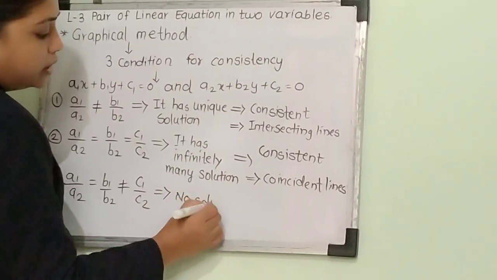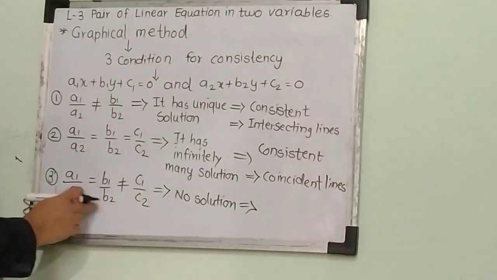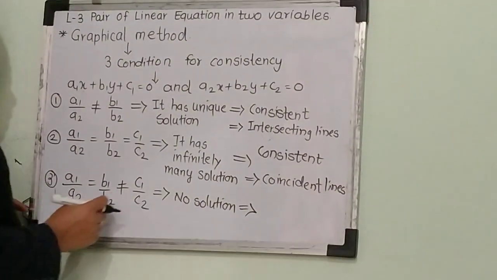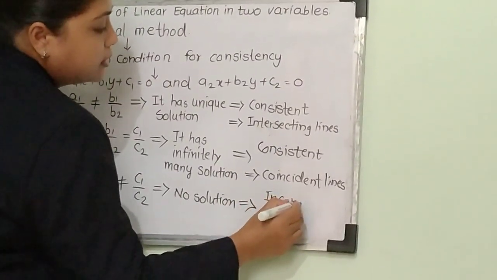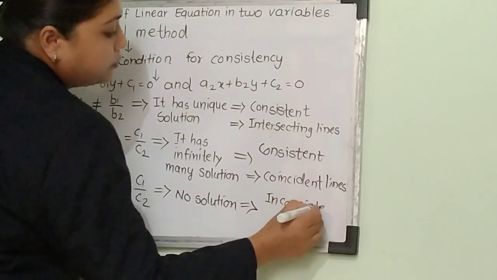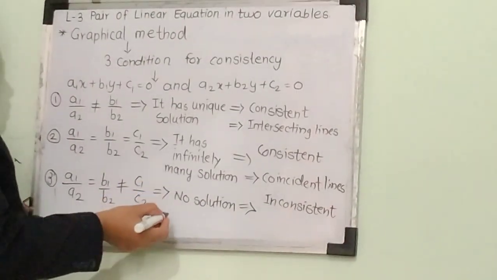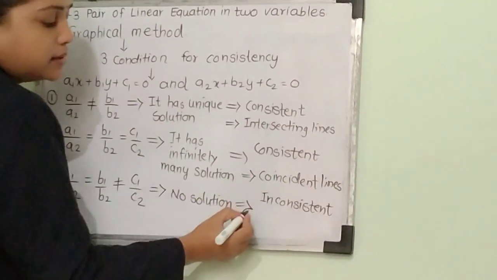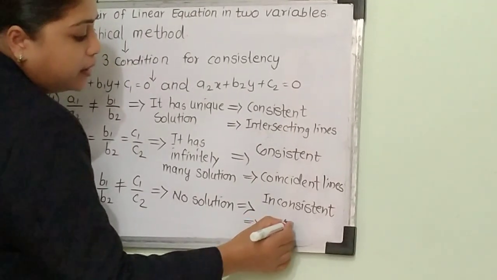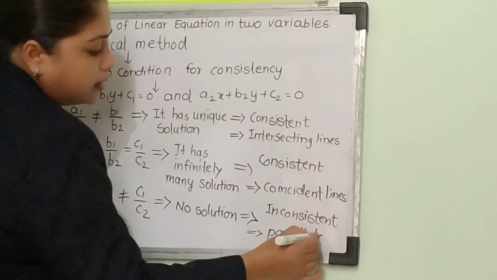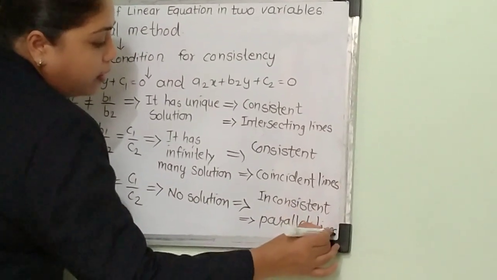So here we get no solution for this type of linear equation, and therefore they are inconsistent, as there is no solution. Then these lines are parallel lines.